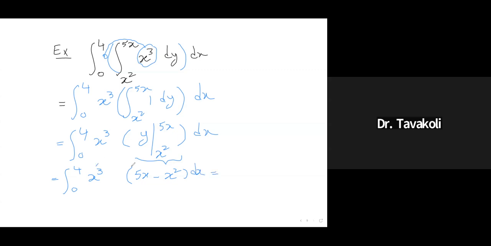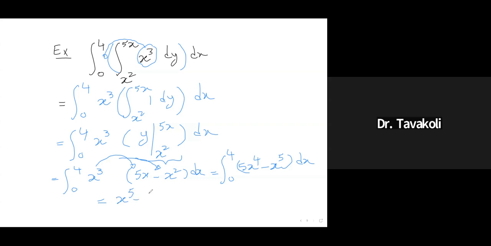I distribute x cubed over these parentheses, so the integral from 0 to 4, 5x to the 4 minus x to the 5. Antiderivative of 5x to the 4 is x to the 5.